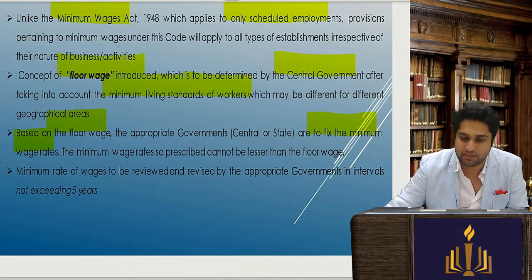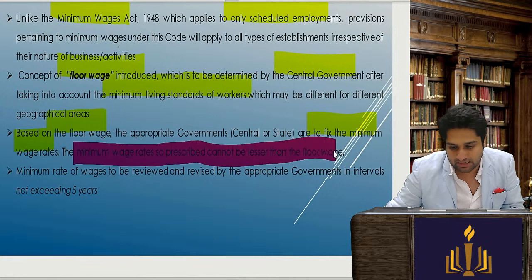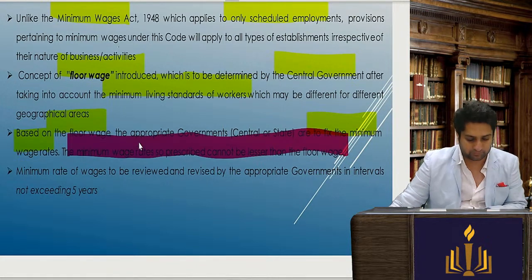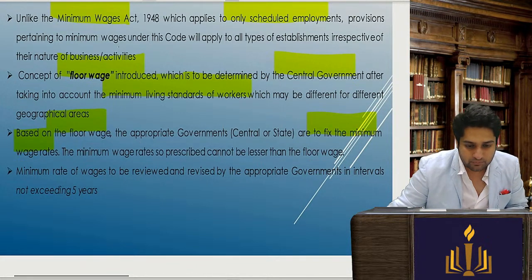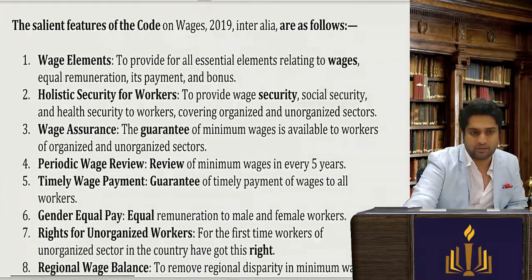Again, a very simple, important concept: the minimum wage cannot be less than the floor wage. So simple concept. Let's see what they have given.